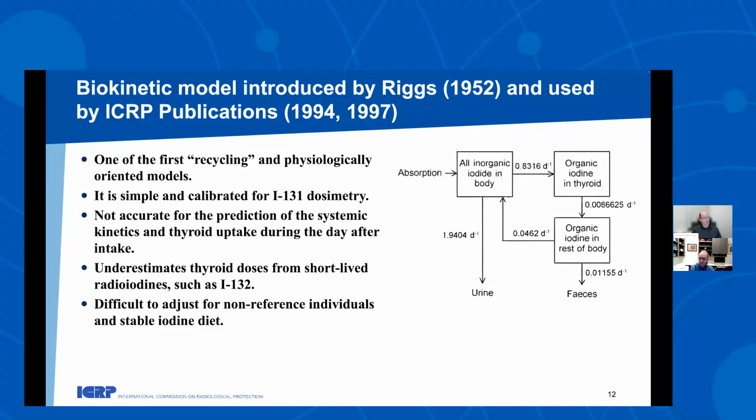One of the substantial disadvantages of this model is that it intentionally ignores fast processes because of the structure of the model and its simplicity. The model itself was calibrated for iodine 131 on clinical data and is really applicable for such data.